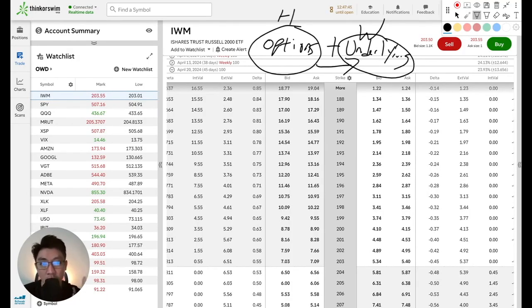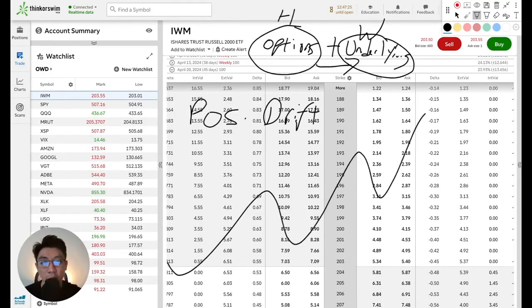Now, one thing to understand is what is the characteristic of these underlyings that we're choosing, right? One thing you need to understand is that it is called positive drift. Positive drift just means that over time, the market wants to keep going higher. So just take a look at the chart right now. Look at all the different broad-based index ETFs, 10 years ago, 20 years ago.